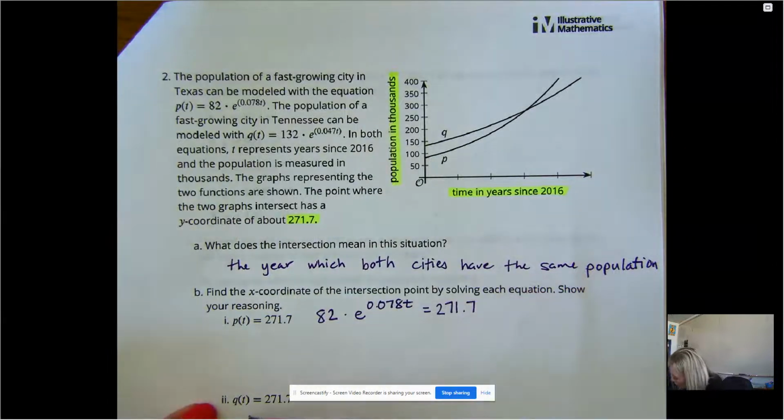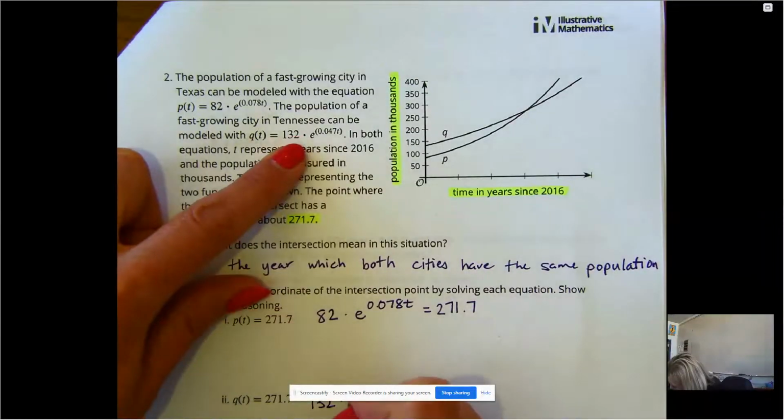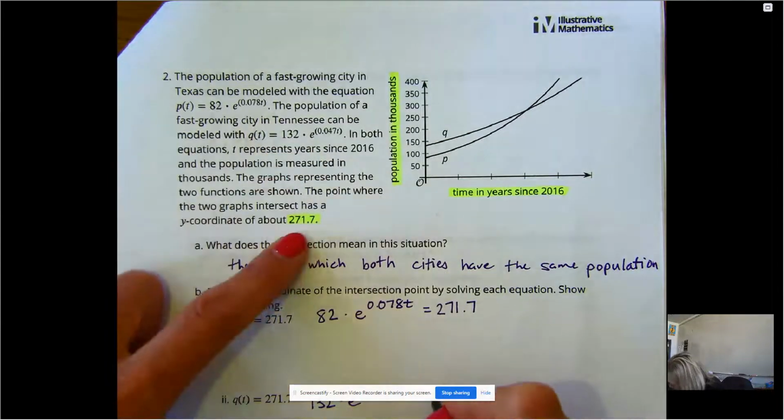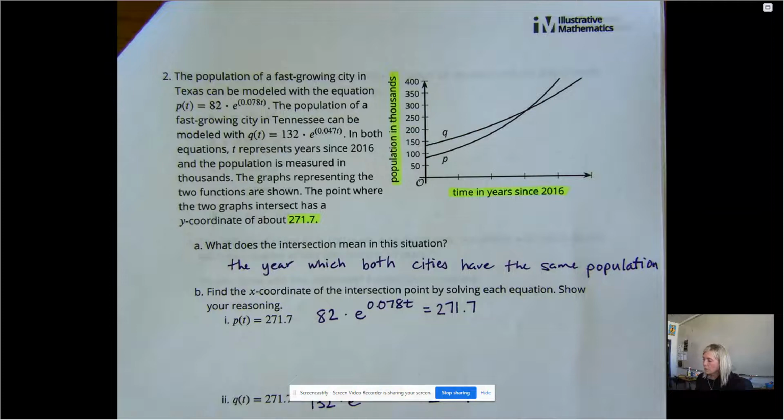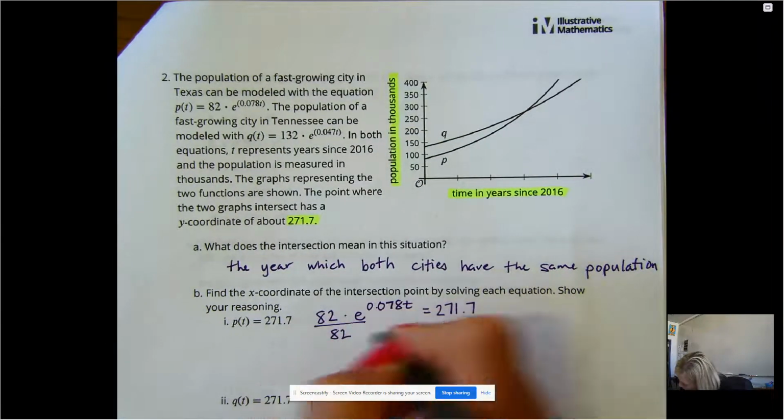And for the second city, for the city in Tennessee, we're going to solve 132 times e to the 0.047t equals the same number because they're the same, 271.7.